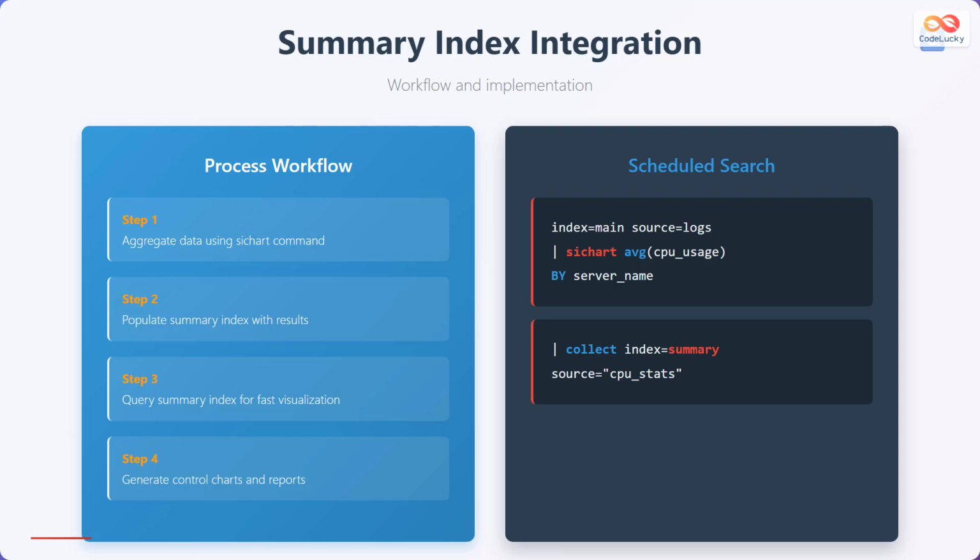Fourth, generate control charts and reports from the pre-computed summary data. This workflow is typically implemented as a scheduled search, where you regularly run index=main source=logs | sichart avg(cpu_usage) by server_name, then pipe to collect index=summary source=cpu_stats. This approach significantly improves dashboard performance and enables real-time monitoring capabilities.